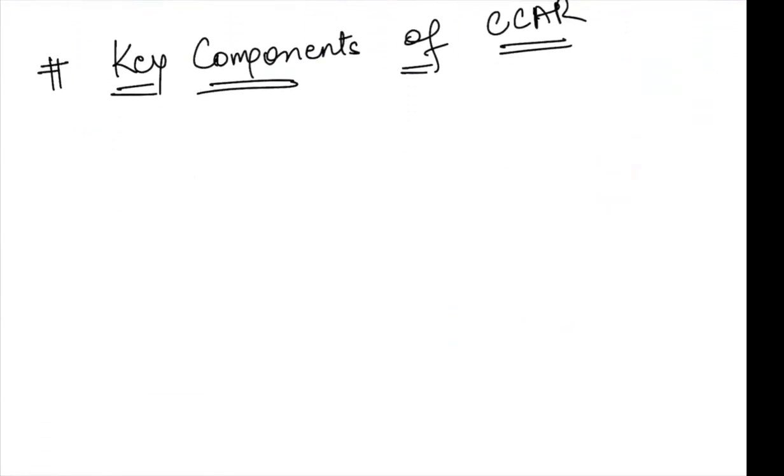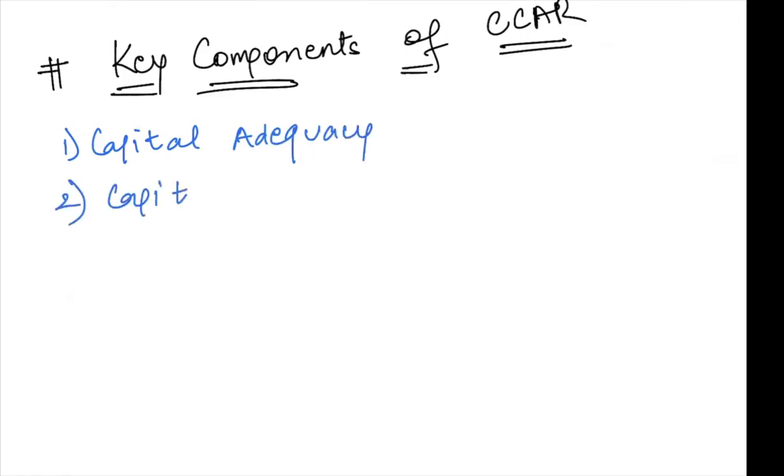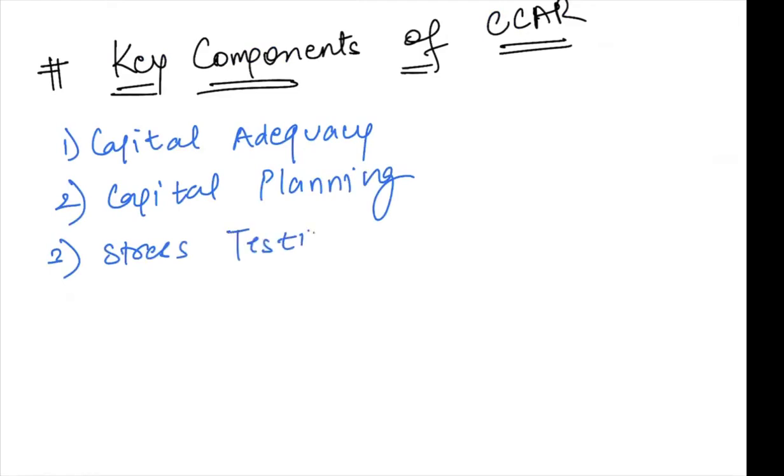So the key components of CCAR are capital adequacy, second is capital planning, third is stress testing, and fourth is qualitative review.